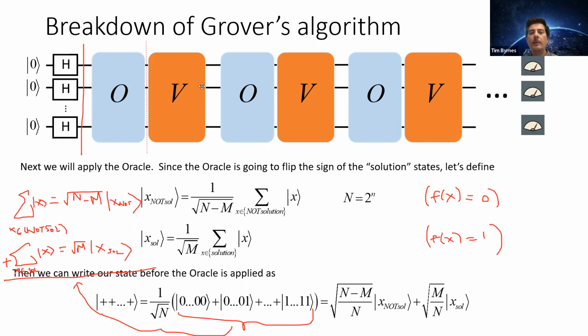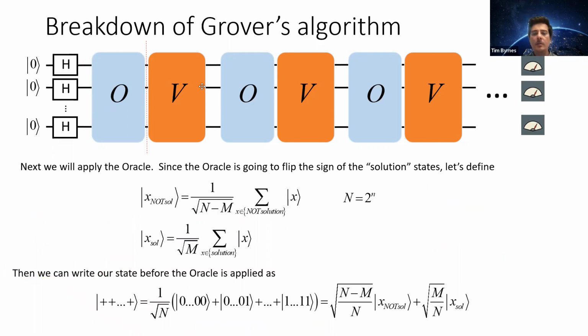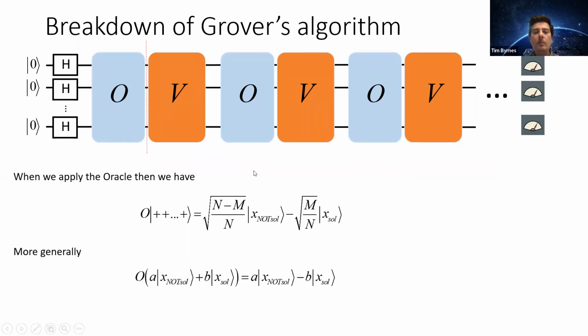Okay. All right. So if we write it in this form, it's easy to see what the oracle does. When we apply the oracle to this initial plus state, remember that what the oracle does is add a minus sign to all the solution states. So it's just going to flip this sign.